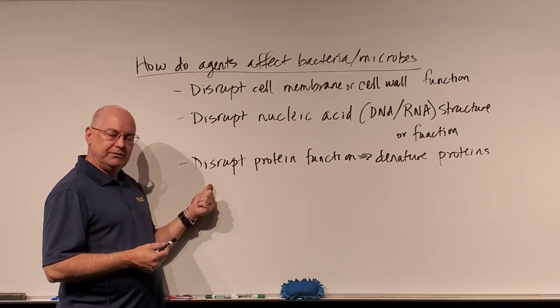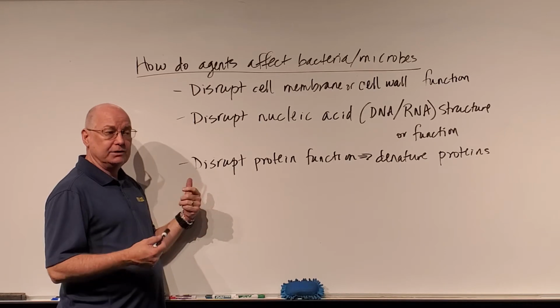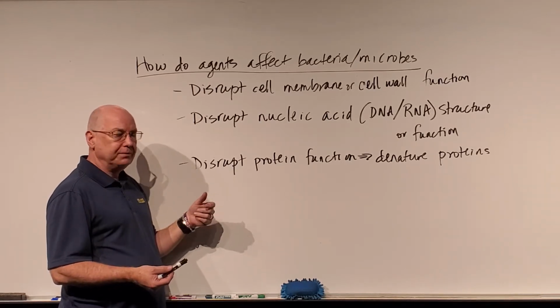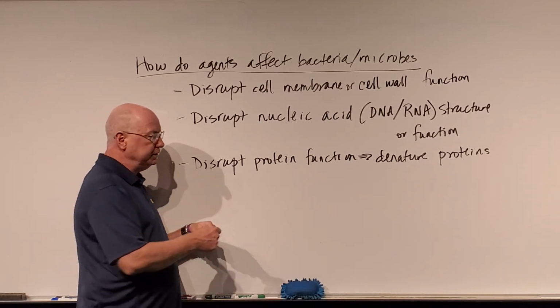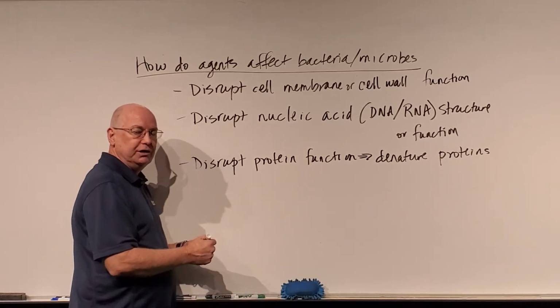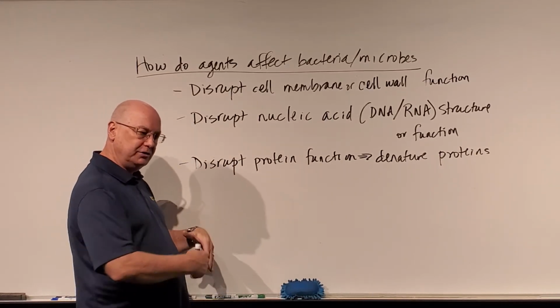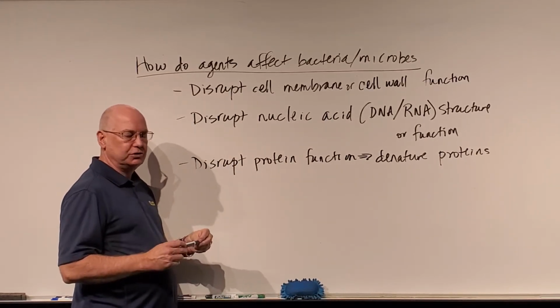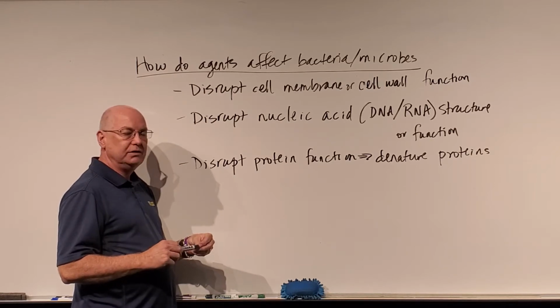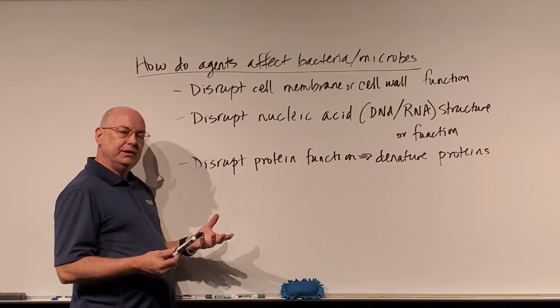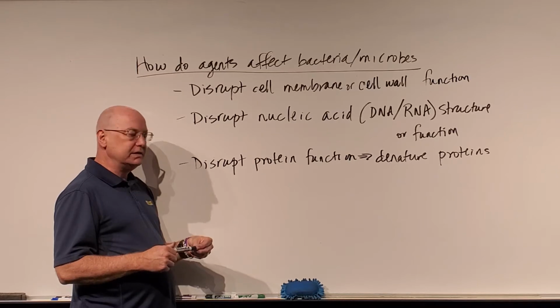If I disrupt the function of a particular enzyme, and some drugs can do that. Some antibiotics can simply disrupt a particular protein function, either in the outer membrane of a bacterium and prevent it from transporting certain substances needed for survival, or they can literally go in and disrupt specific enzymes.